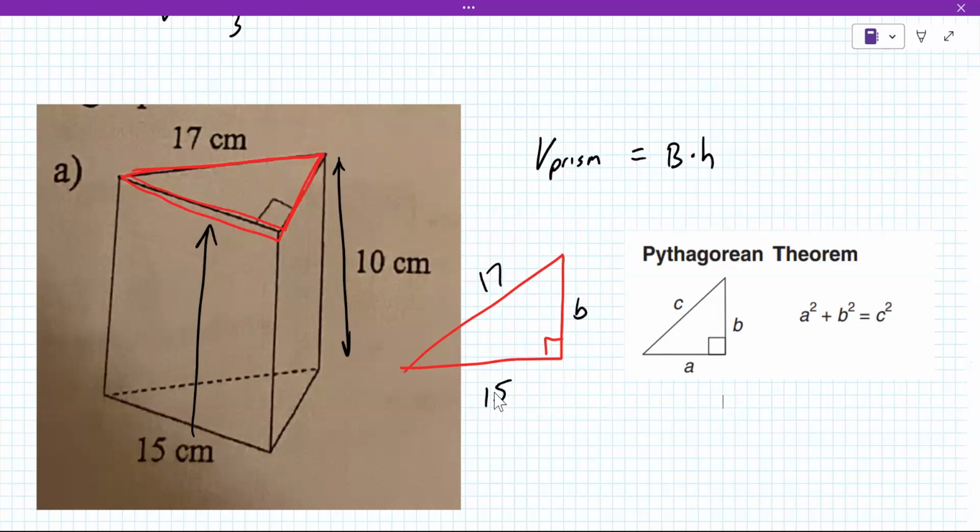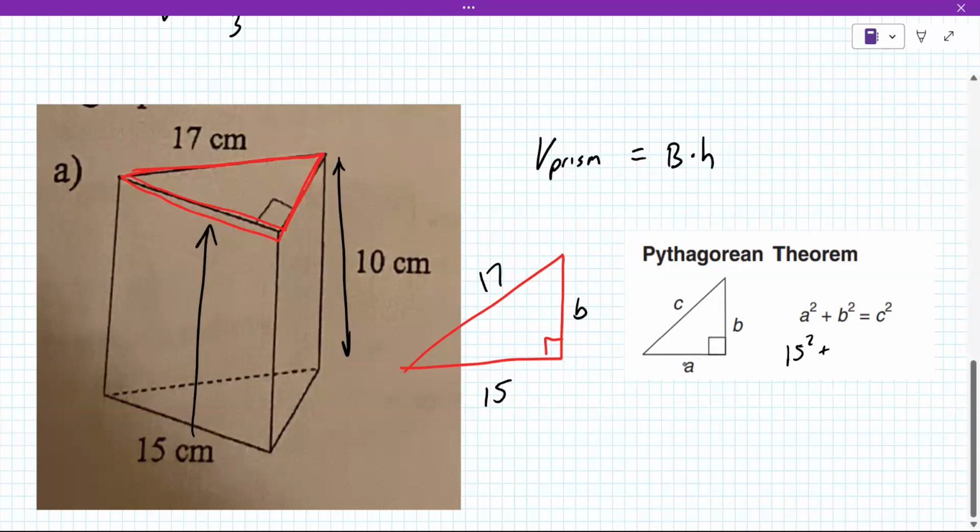Okay. So A is what value? Write that. A is 15.